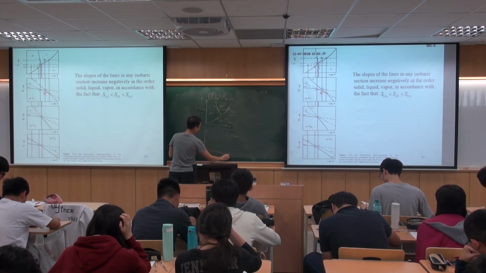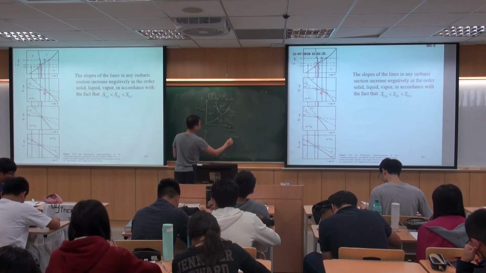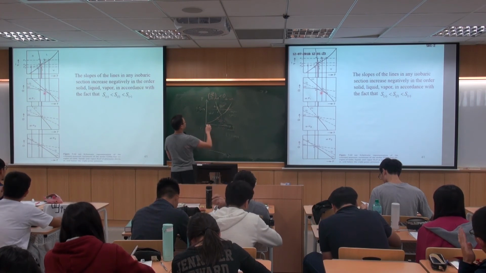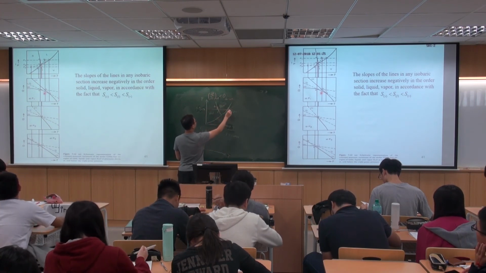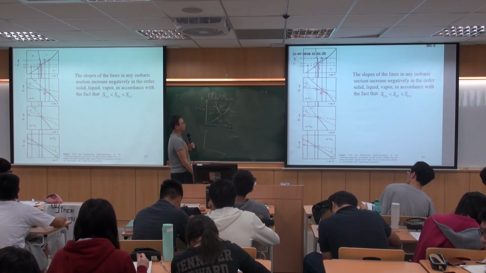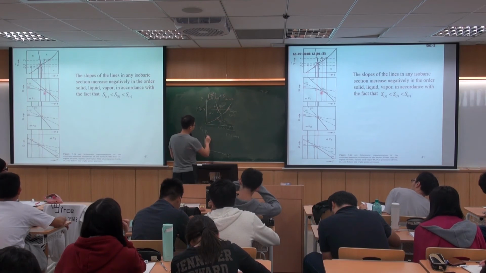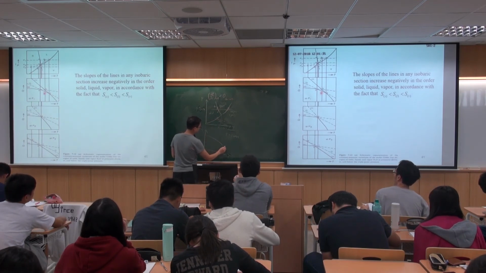And if you plot the Gibbs free energy as a function of temperature, you just go from here to here, right? And of course, we know that originally a solid should have the lowest Gibbs free energy. So maybe you have a solid like this.